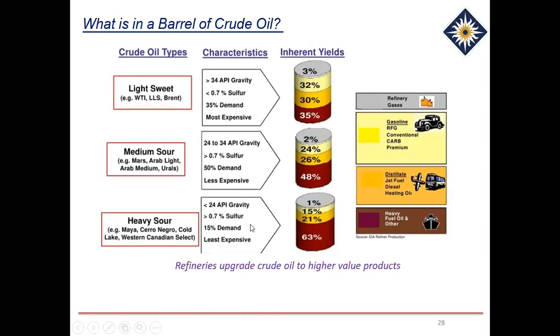I guess this is because of the availability of both of them. Anyone else? I think it's harder to take out the heavy sour, and it's not that useful as light sweet. Okay. Partly, yes, you're right, partly. But there are more answers.